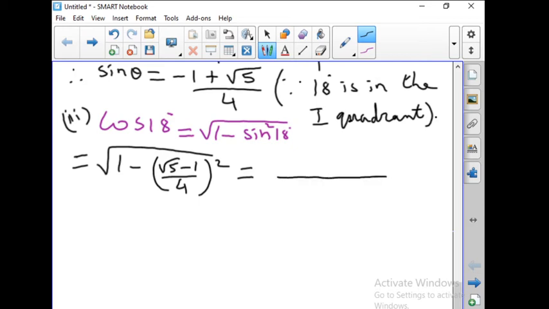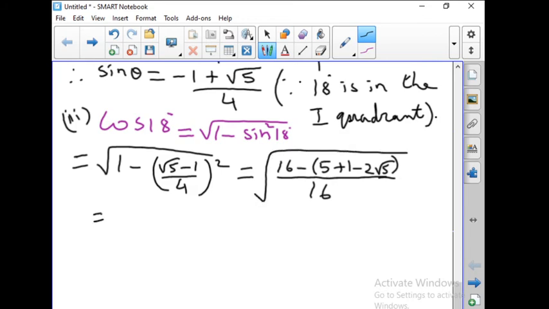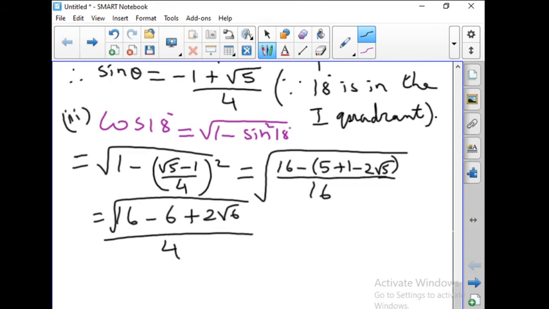Therefore, we will have 16. So 16 minus of a minus b the whole square, 5 plus 1 minus 2 root 5, square root of. So it is equal to what we get? Square root of 16 minus 6 plus 2 root 5, by 4.